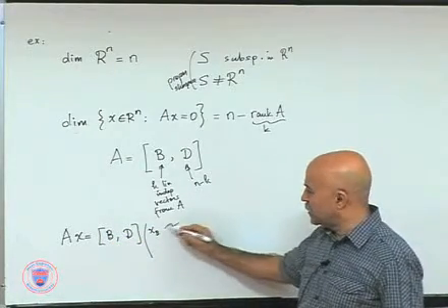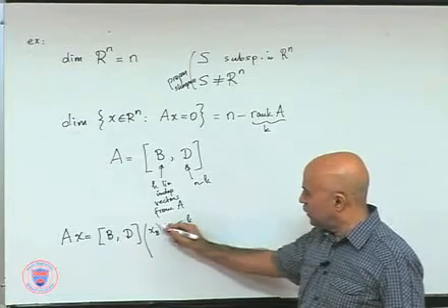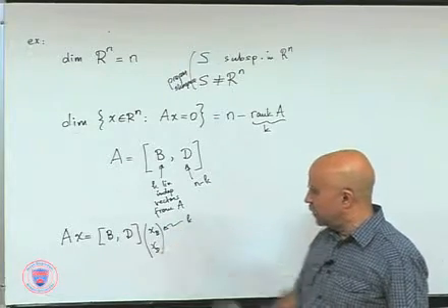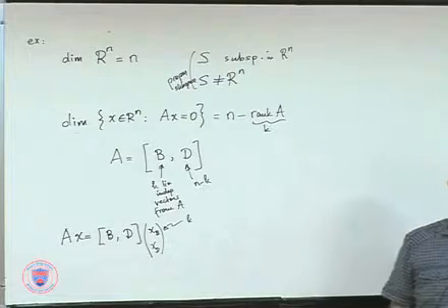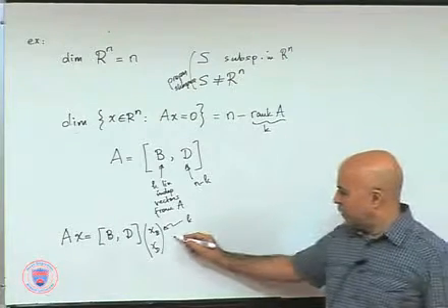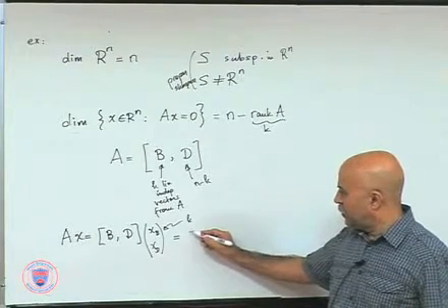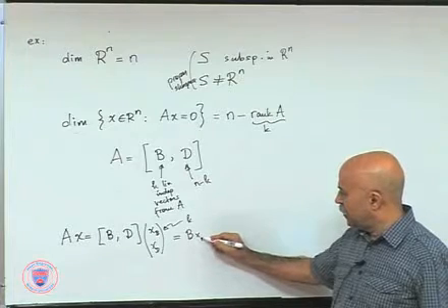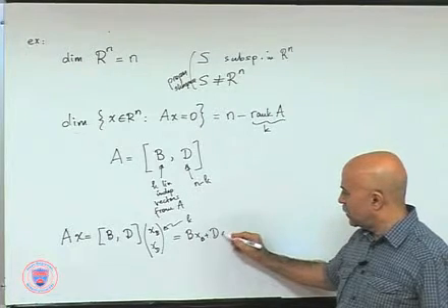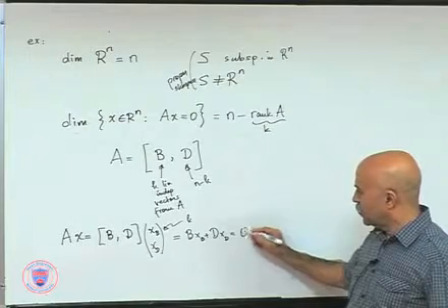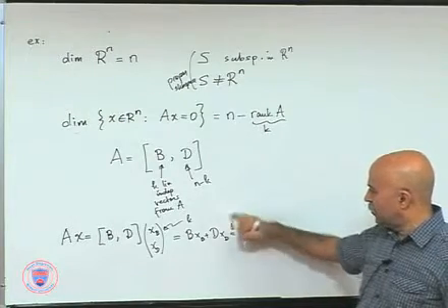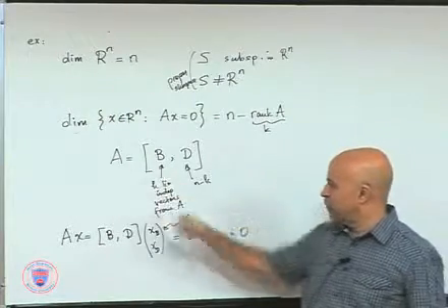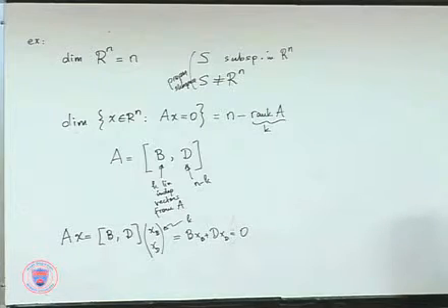So XB has K components. And then you take the other ones and put them in XD. And you want 0. So this is B XB plus D XD equals 0. You're looking for a solution of this system like that.